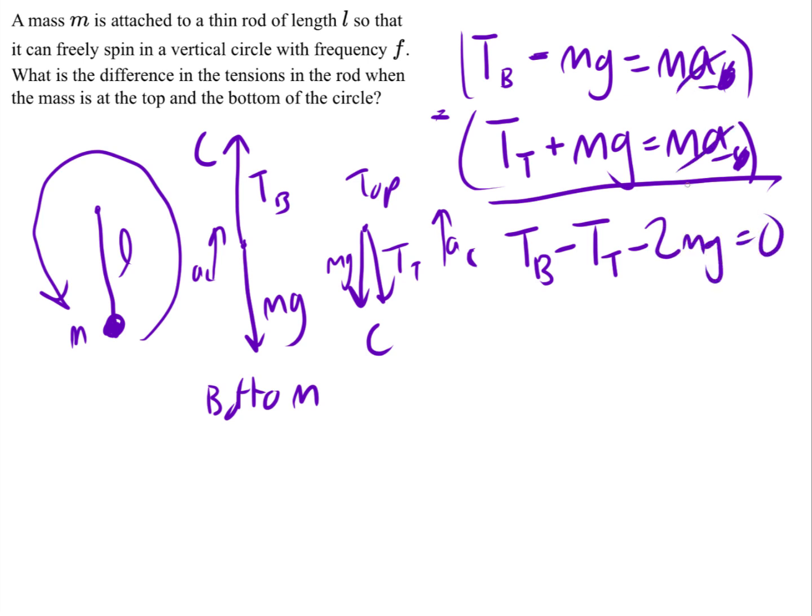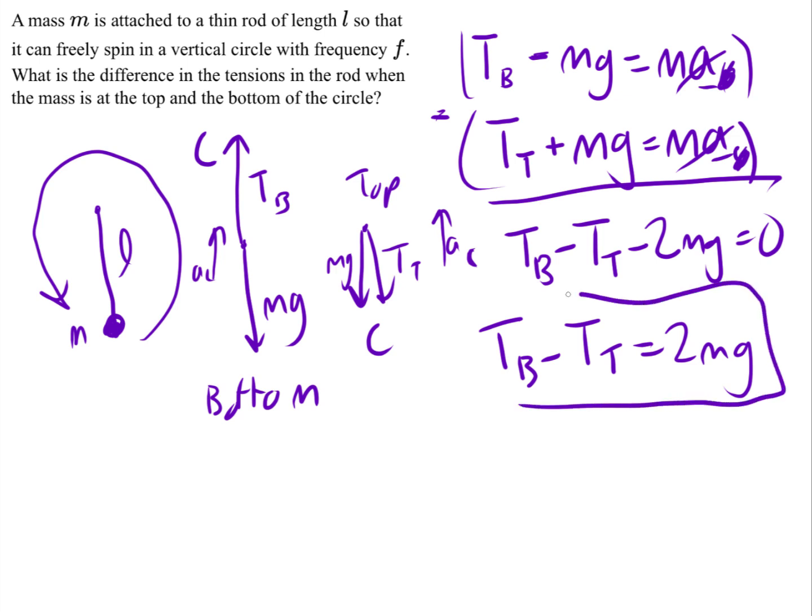These two accelerations simply cancel each other out. So from that we can move 2mg over, and we get that the tension at the bottom minus the tension at the top is equal to 2mg. And so that is the difference in tensions of the rod.